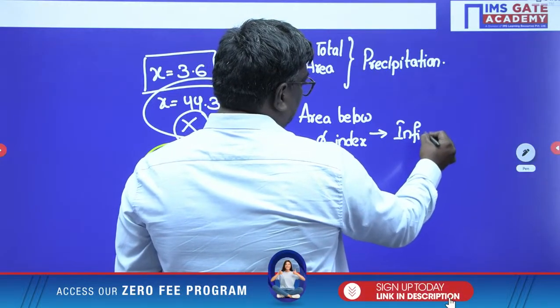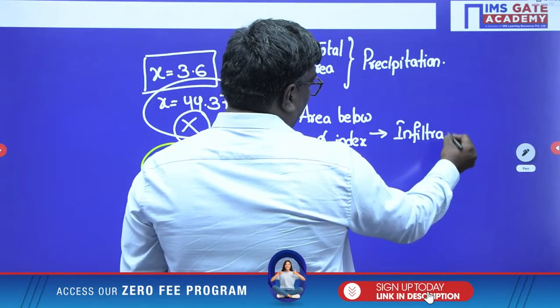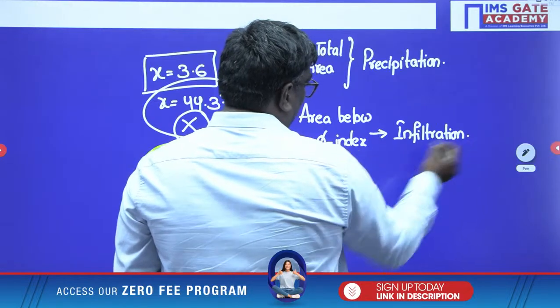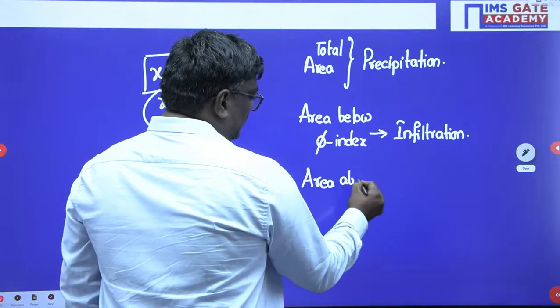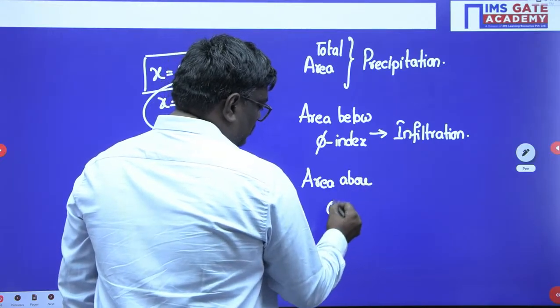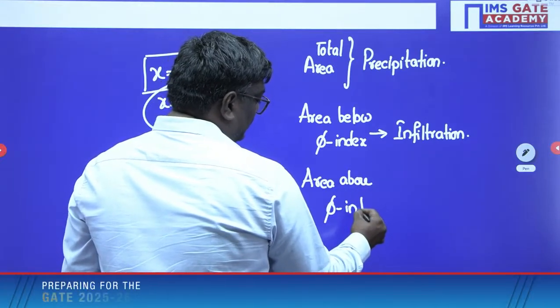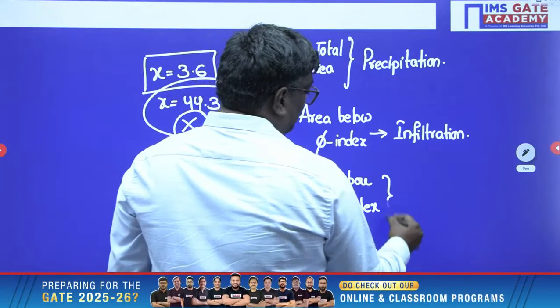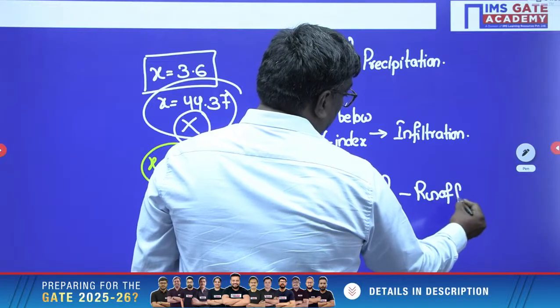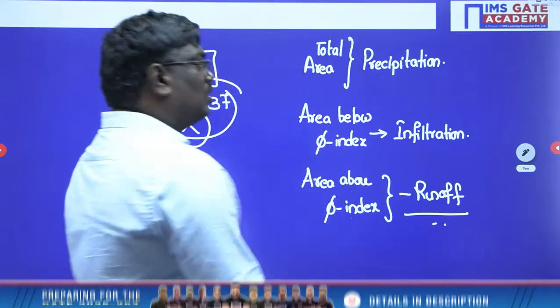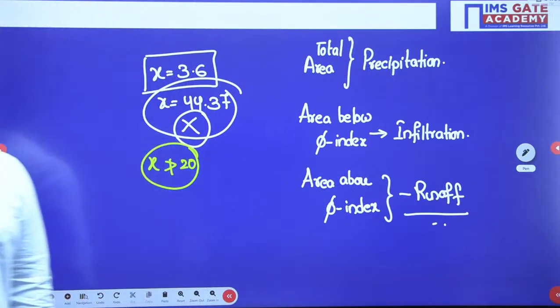And area above phi index, you will get runoff. If you know the area geometry formulas, these problems can be solved if you know these three logics. Okay.